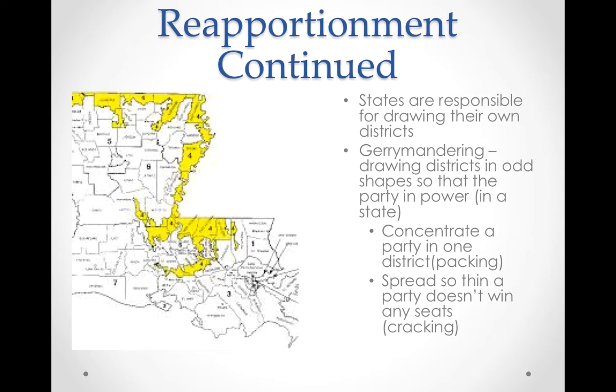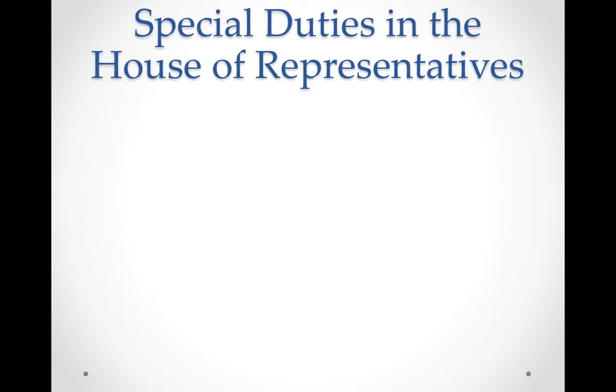So you can pack them all in one, or you can crack all of the districts up so much that the opposite party is not going to take any one of those seats. Once again, please do not distress if you do not understand this concept, because we will be doing some more in class with this.